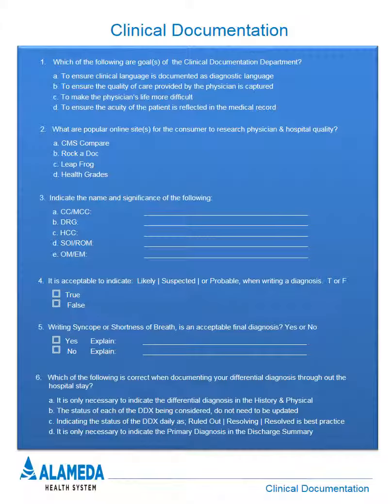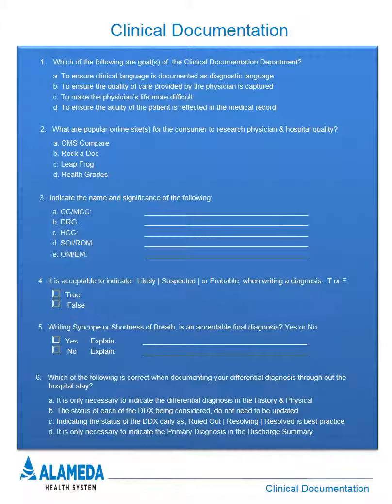4. Is it acceptable to indicate likely, suspected, or probable when writing a diagnosis? True or false? The answer to that is true. And we actually encourage that because remember that when you're writing your medical record, it's a progression of care for the patient and a progression of findings for the patient.